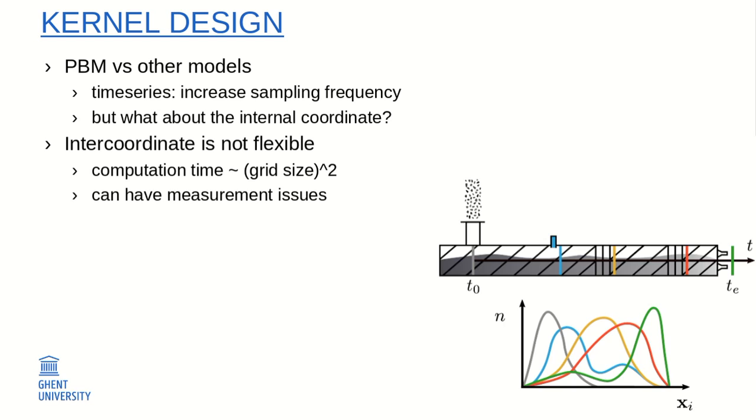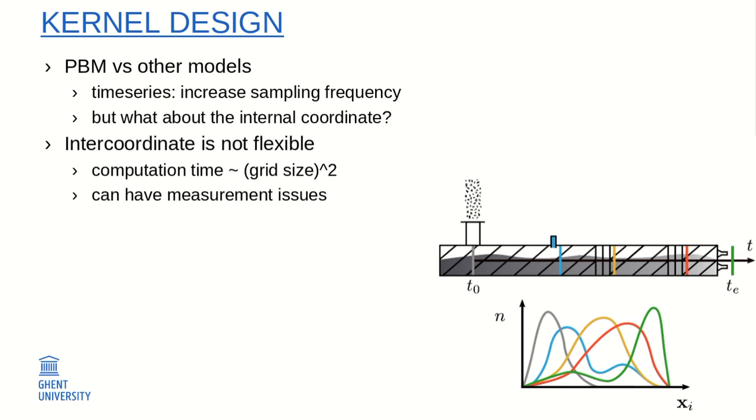However, increasing the sample frequency does not solve the issue with internal coordinates. Remember that the internal coordinate of this PBM problem is particle size. Most of the time you are bound here by measurement issues.